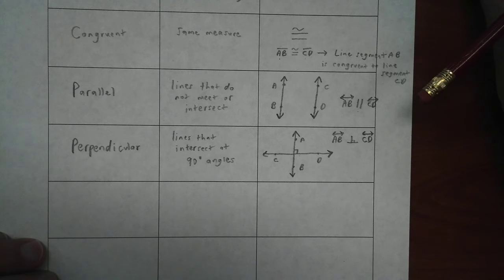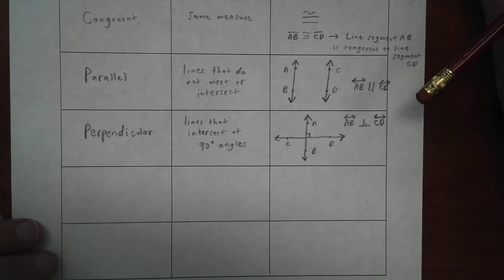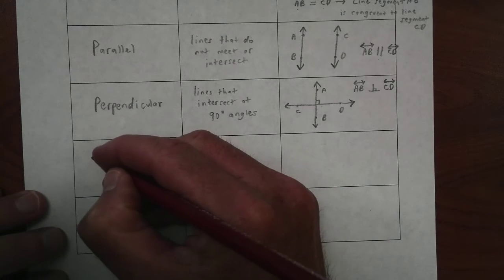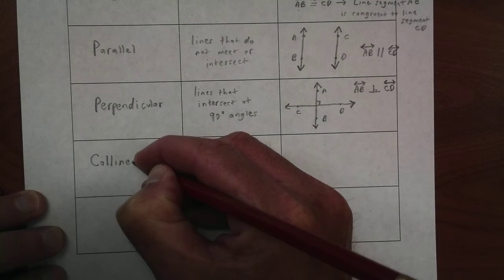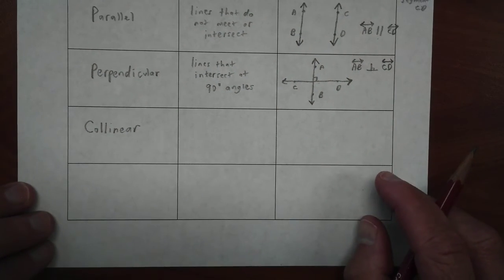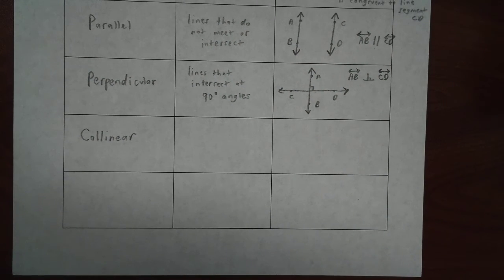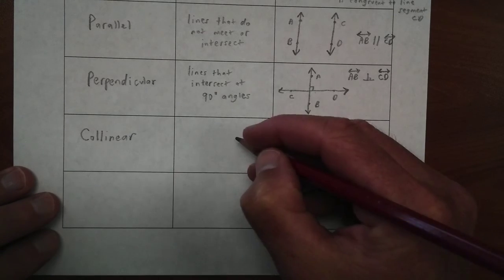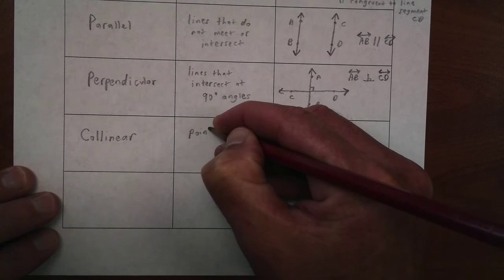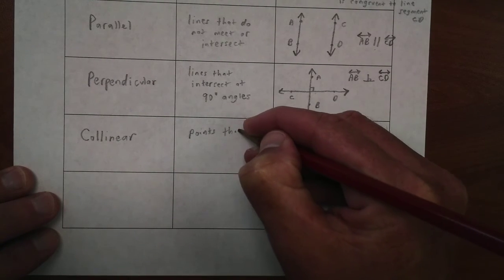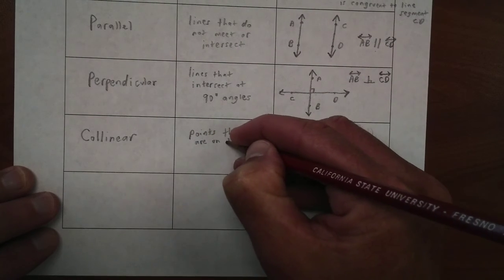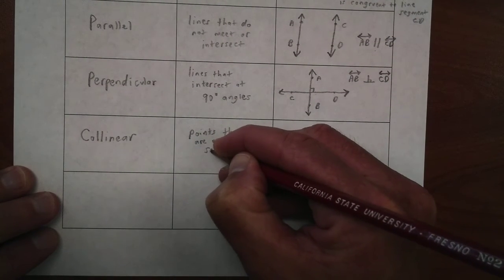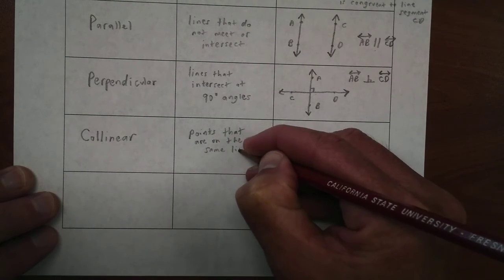While we are discussing this, we should talk about the word collinear. I probably should have told you this when we talked about lines just in general. Collinear basically refers to points that are on the same line.